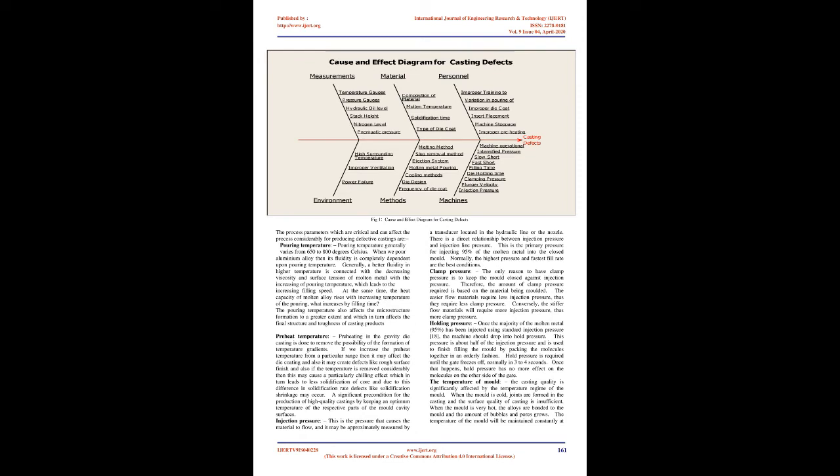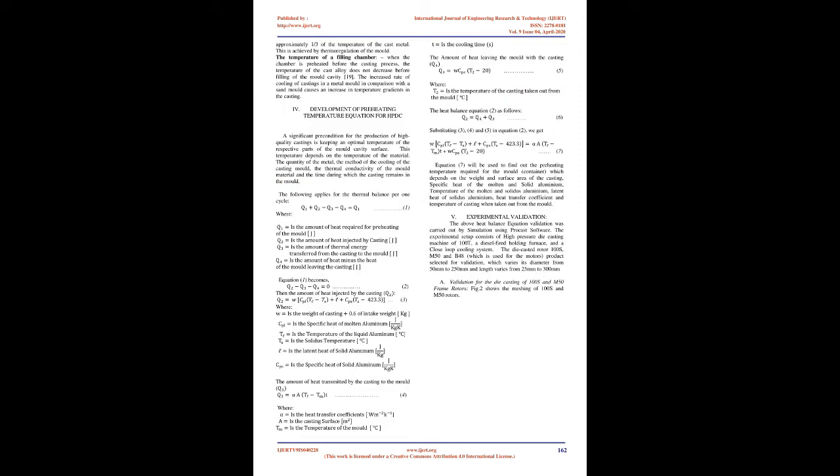Every manufacturer tries to manufacture defect-free components, but practically it is not possible, and some defects remain in the component and lead to rejection of the component. This rejection can be minimized to a certain extent. Different methods can be used to minimize defects. Some of them are improving process parameters, design modifications, or both.